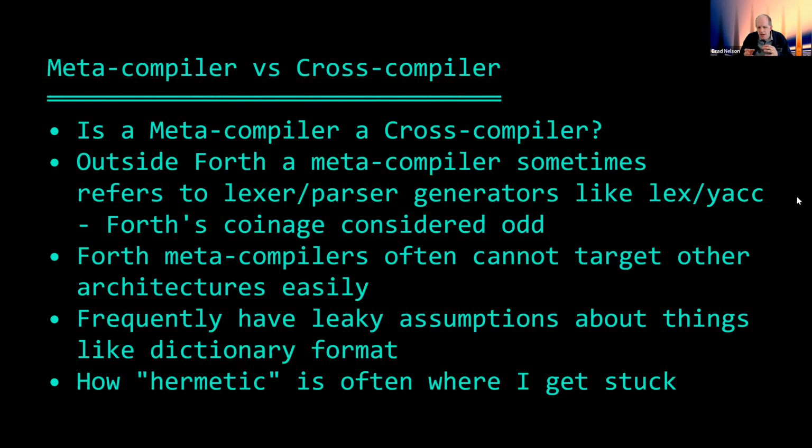So oftentimes the host and target will be assumed to have the same kind of dictionary format. And this intellectual puzzle of how hermetic the relationship between host and target should be, how isolated the two should be from each other, is where I get stuck.